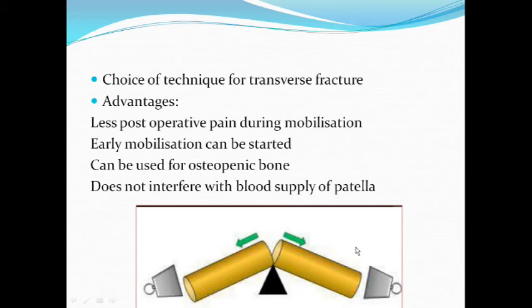So what happens, there is a mechanism: the tension over this quadriceps and patellar tendon is converted to compressive force. Without this TBW, these two will pull the patella towards themselves. The patellar tendon will pull this fragment towards itself, and the quadriceps muscle will pull this fragment towards itself.